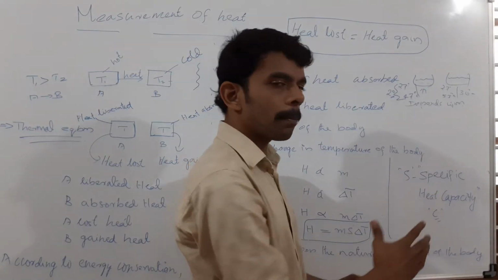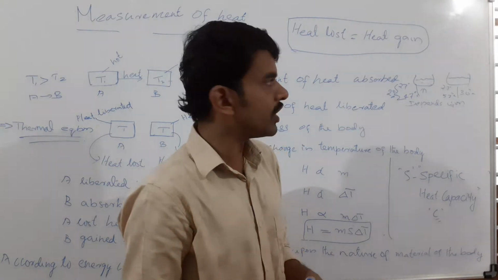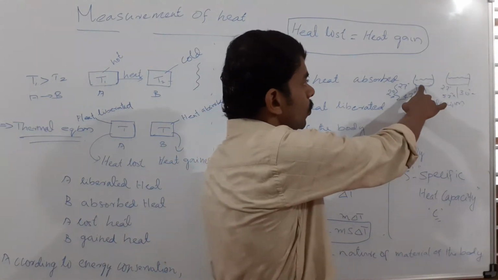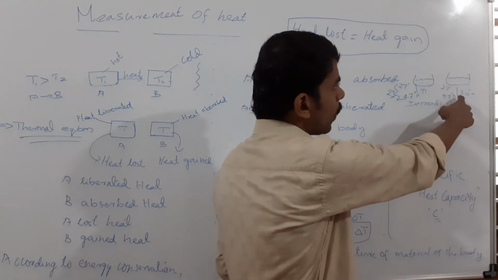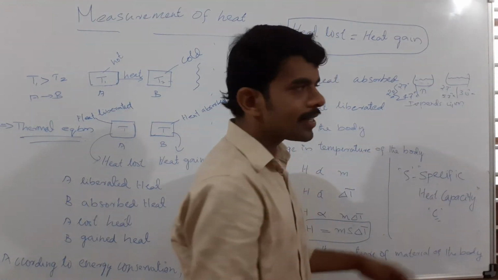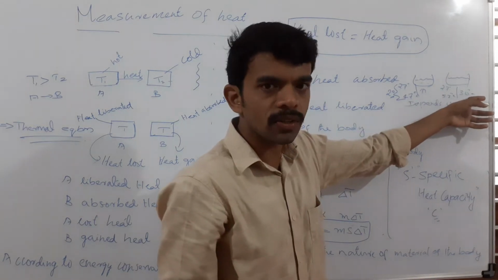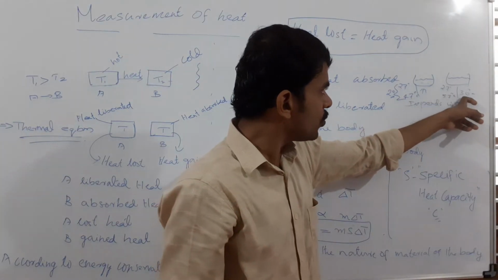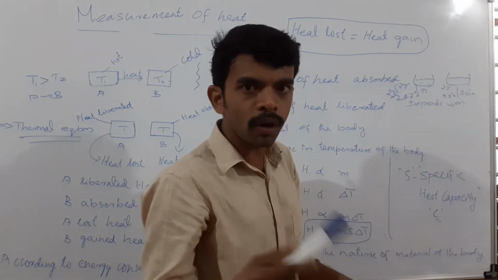The mass is the same and the material is the same; the material is water. Even though mass and material are the same, here we have to give more heat, since we have to raise the temperature by 30 degrees Celsius. The change in temperature is more, so we have to give more heat.